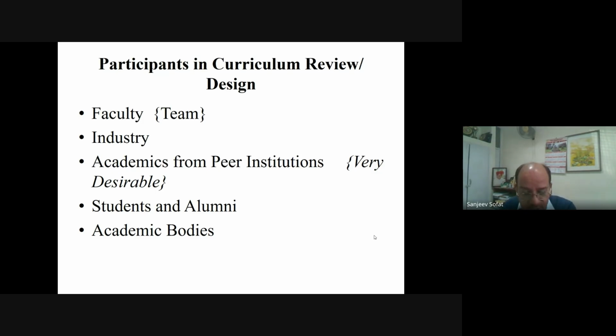Every university, every institute has an academic body which makes this sort of curriculum and approves it. Usually, if it's an affiliated institute, the curriculum is made by the university and implemented in the respective institute.